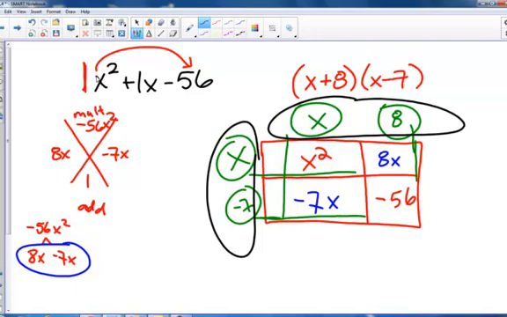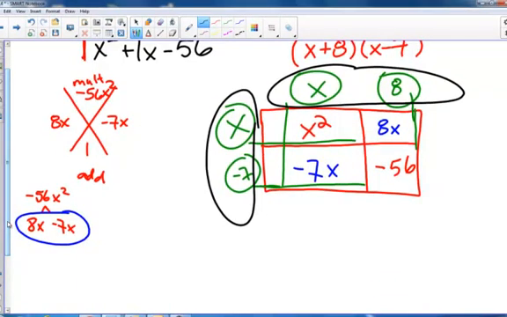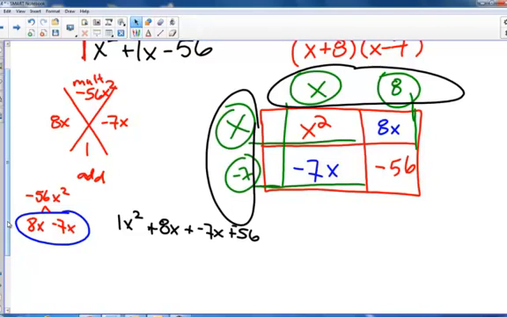You could do this in the other way I showed, writing out the 1x squared plus the 8x plus the negative 7x plus the negative 56.